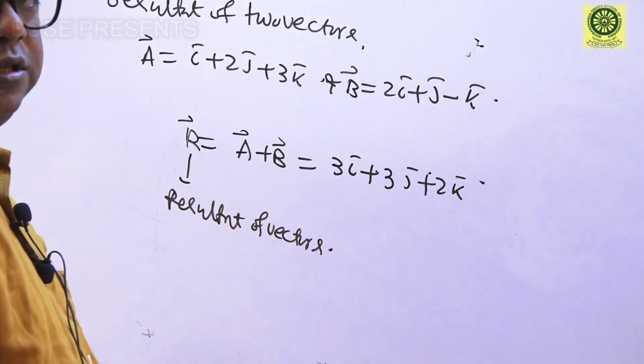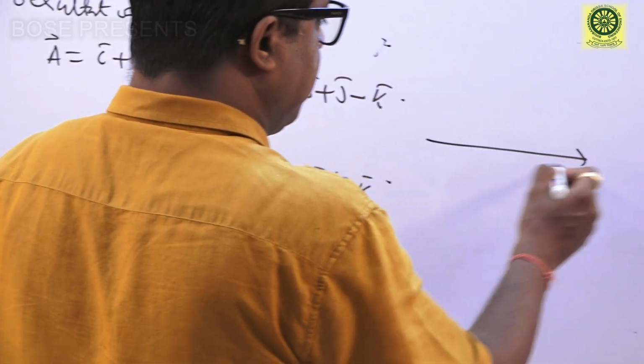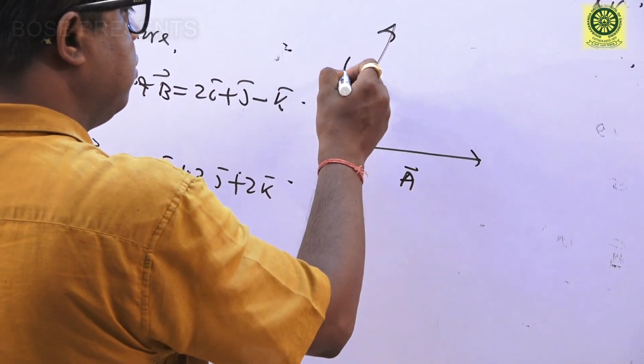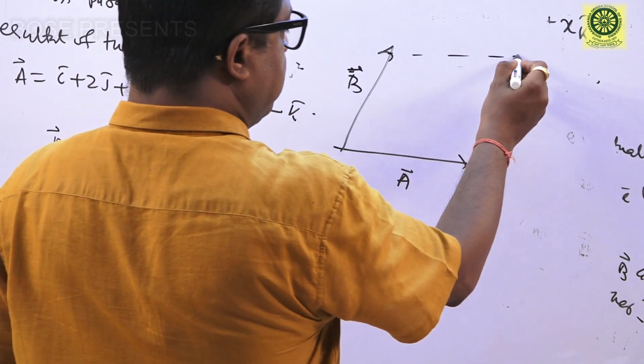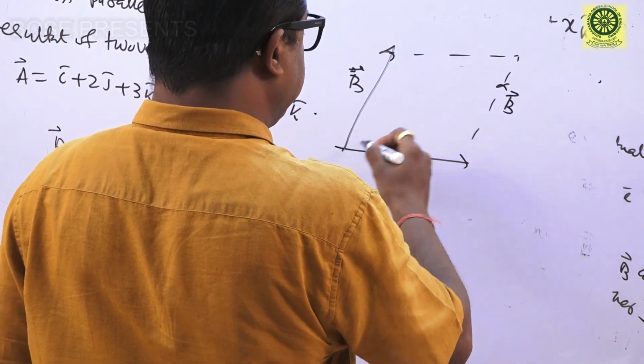These are the resultants. This is the resultant vector R of the two vectors A and B.